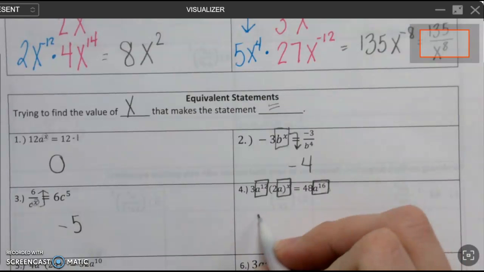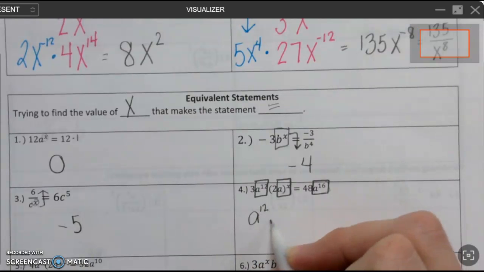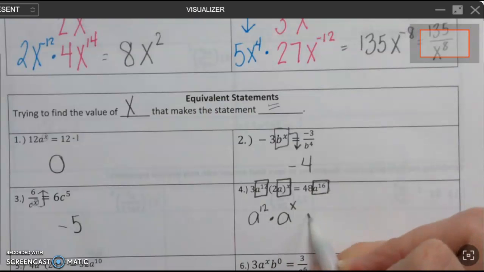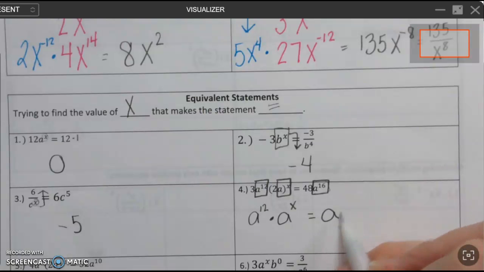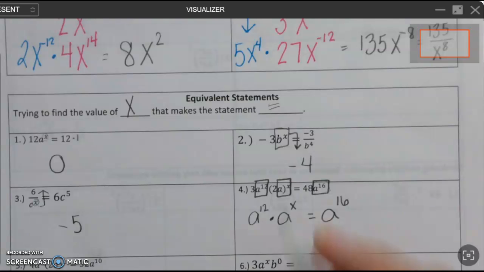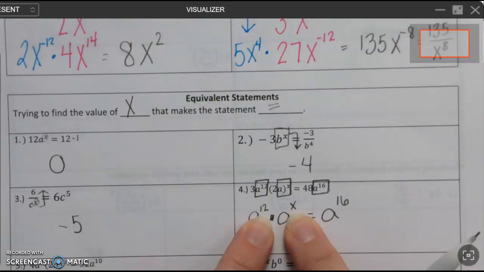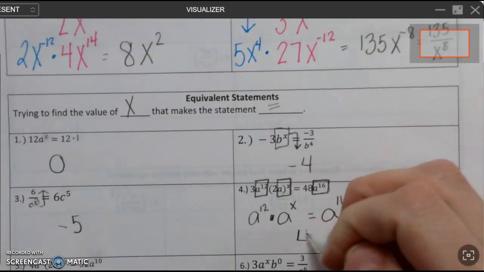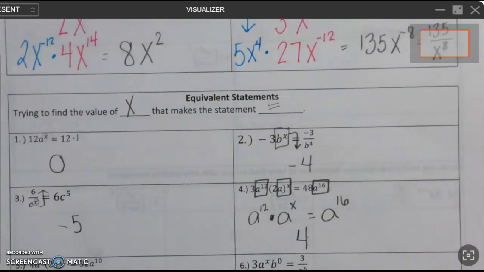A to the 12th times a to what number would lead you to get a to the 16th? Well, when you multiply two bases, what you do is you add the exponents. So 12 plus what number would give you 16? That would be 4. So 12 plus 4 gives you 16.